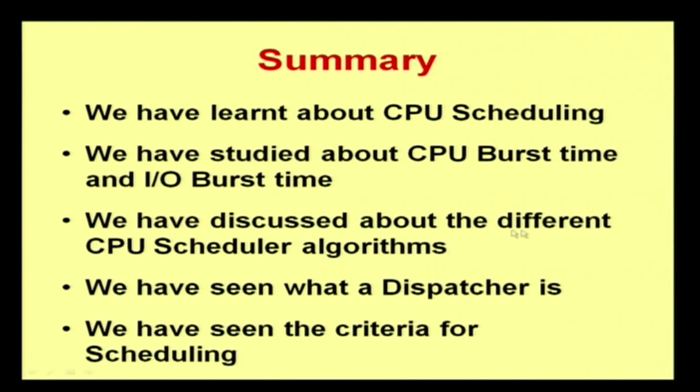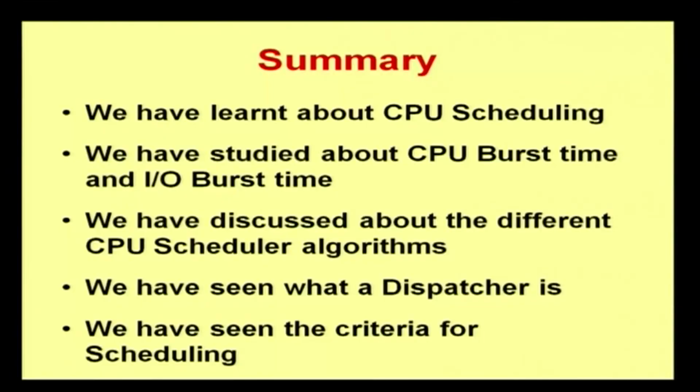We have also discussed the different CPU scheduling algorithms. There are 4 different algorithms, out of which we have seen 2 now: first come first served and shortest job first. The remaining 2 algorithms we will see in the forthcoming lecture. Then we have seen what a dispatcher is, and the criteria for scheduling.